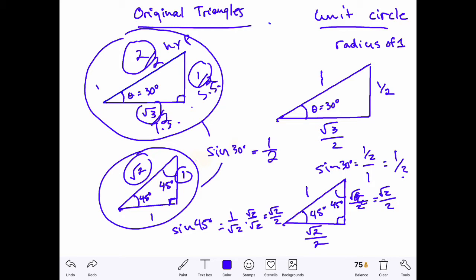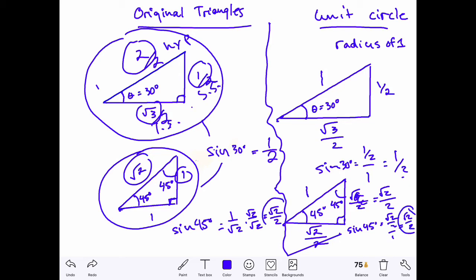So instead of looking at the triangles in our original viewpoint, we want to start looking at them in the unit circle. The ratios are the same whichever you use, because here sine of 45 would be root 2 over 2 over 1, which is root 2 over 2.